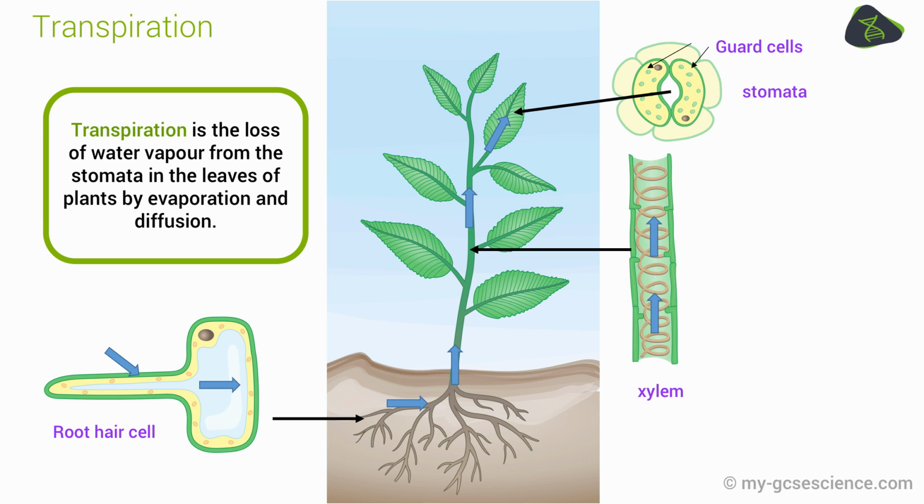So like a queue of people at a checkout, when one person has paid for their goods and have left that queue, the queue moves forward. So all those water molecules will move forward and upwards. And it's this particular mechanism that will allow a tree that's 50 metres or more in height to be able to defy gravity and get that water from the ground all the way to its upper surface.